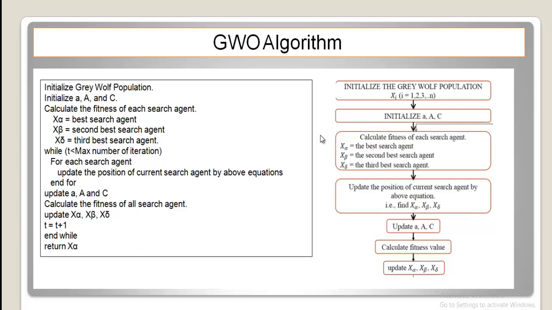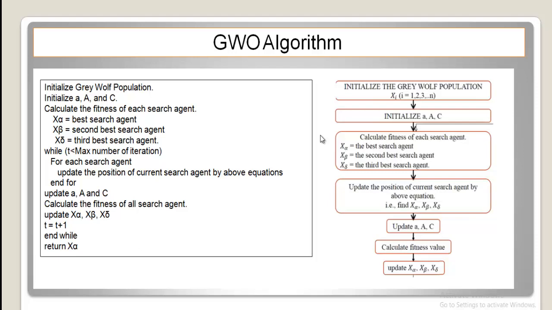The top three solutions are identified as X alpha, X beta, and X delta. Alpha represents the best search agent, the second one is the beta, and the third one is the delta. These are taken as the best solutions, and then we calculate the average of those best solutions. The other agents update their position according to the average value of those solutions.